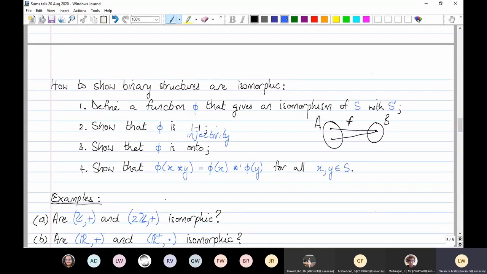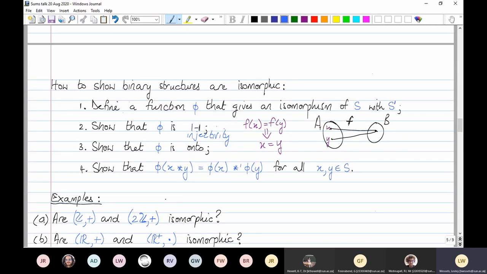So how do I show that something is one-to-one? I show that if the images of X and Y are the same, then X must be equal to Y. They can't be two separate elements. That is one-to-one, or injective.